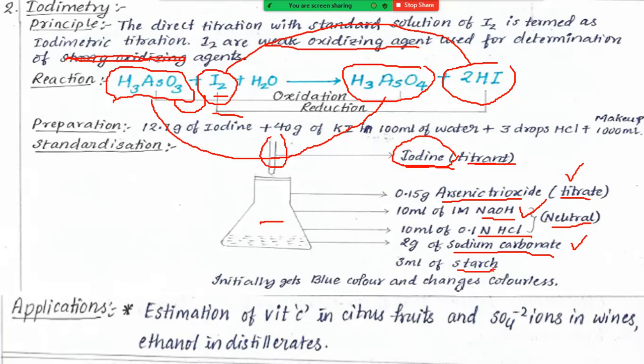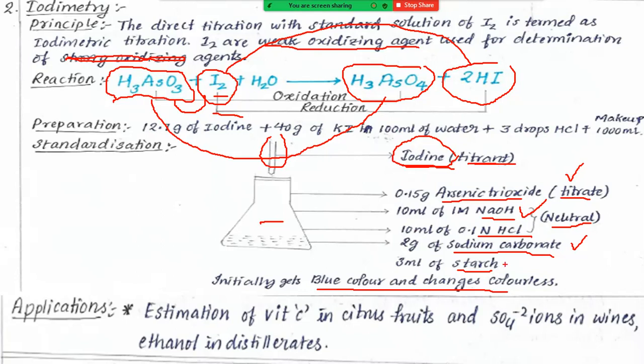Here starch will be used as an indicator, and finally the color change will be blue to colorless. Why? Because when we add starch, due to the presence of iodine in the solution, starch immediately forms a complex with iodine and gives a blue colored compound, right?